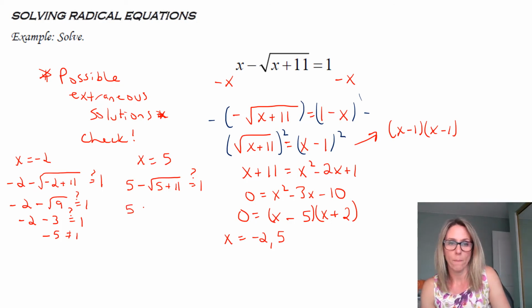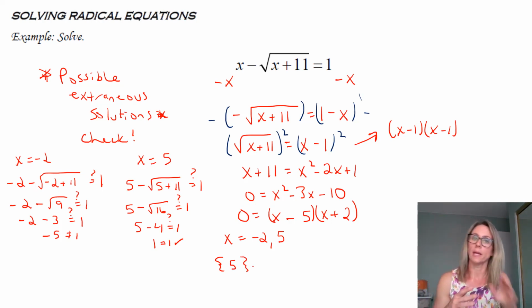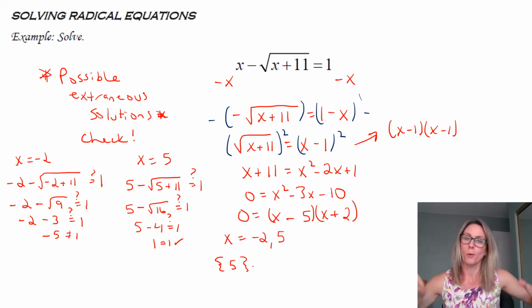Now I get 5 minus the square root of 16, does that equal 1? And 5 minus 4. And we see that, yes, 5 minus 4 equals 1. So in fact, 5 is a solution, negative 2 is not. But negative 2 came out because of the fact that we squared both sides and ended up with an extraneous solution. So that's a whole lot about equations.